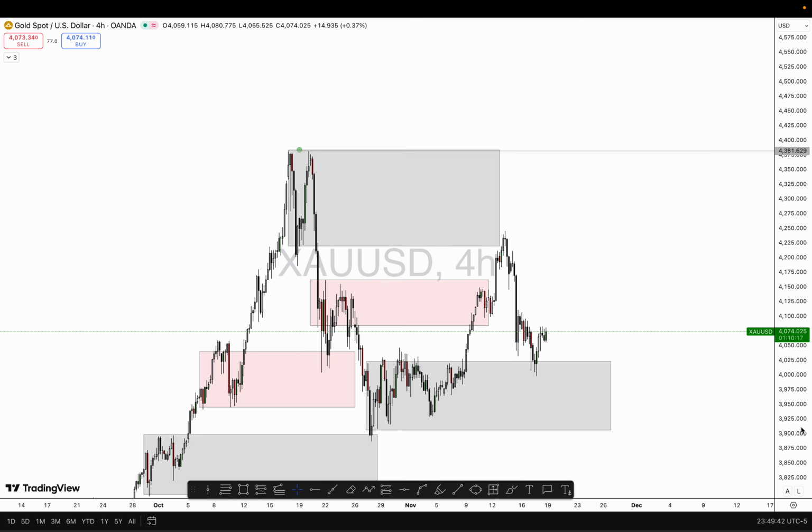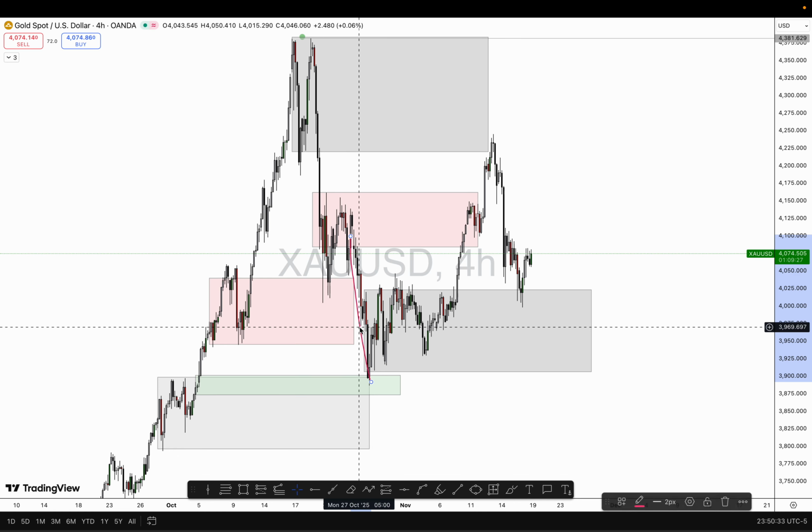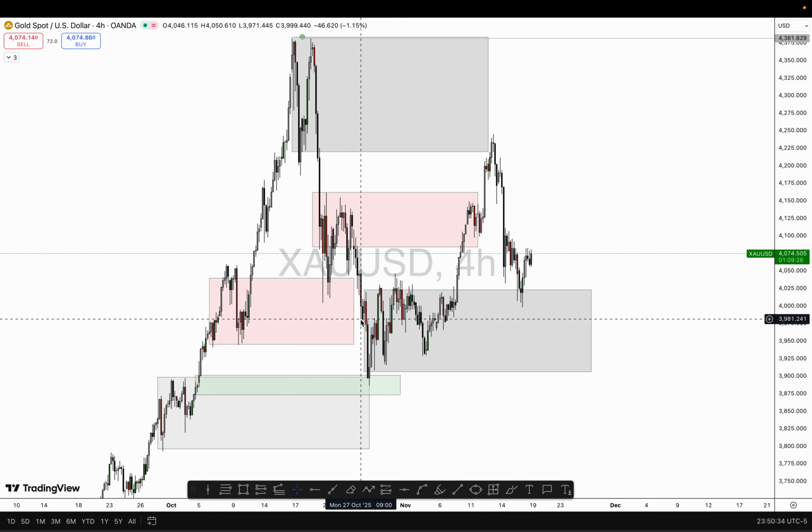This would be 4-hour rally, base, rally, reacted to a daily zone, reacted to a 4-hour zone nested in the daily. Let's put this green, right? So we reacted to a 4-hour zone nested in the daily. So this would be 4-hour / daily demand, right? This was the reaction.